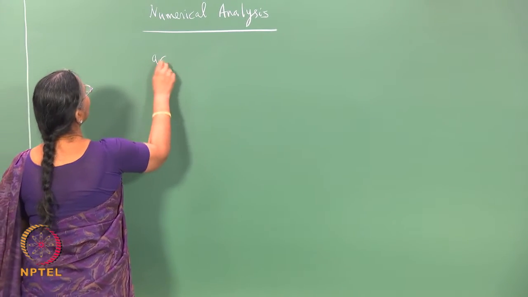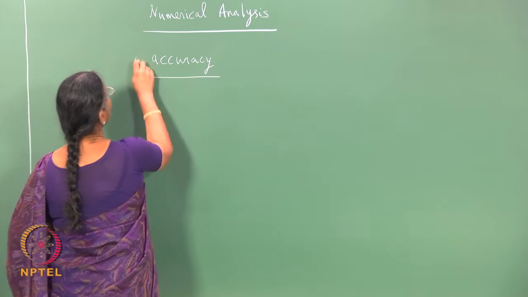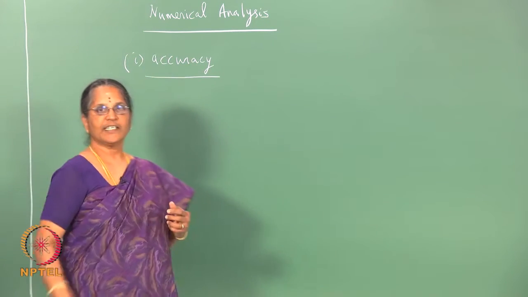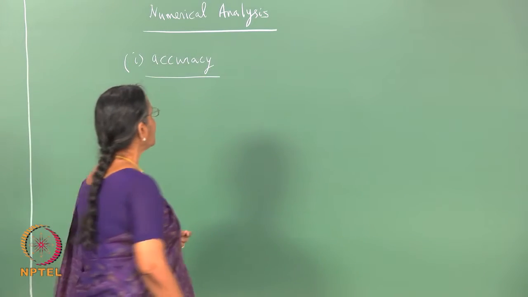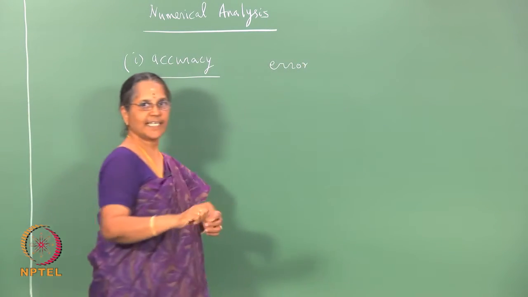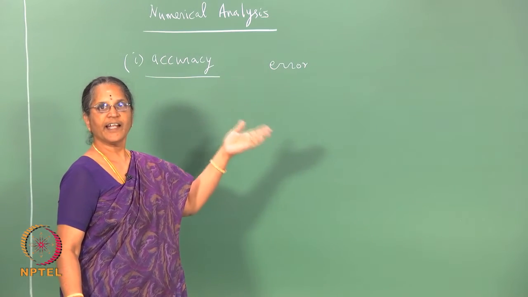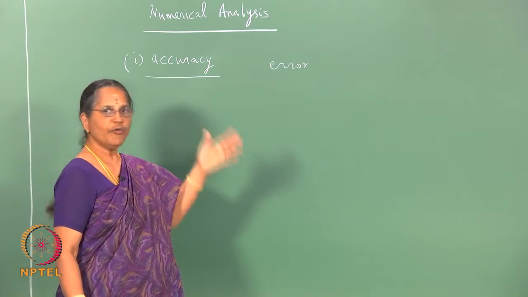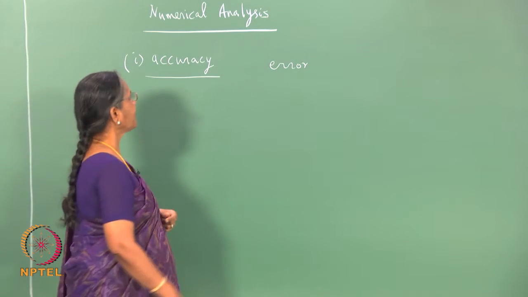Namely, we shall be concerned with how accurate our numerical algorithm is, what is the amount of error that is incurred at each step of scientific computation, can we control the error, or how to control this error that is incurred at each step of computation.